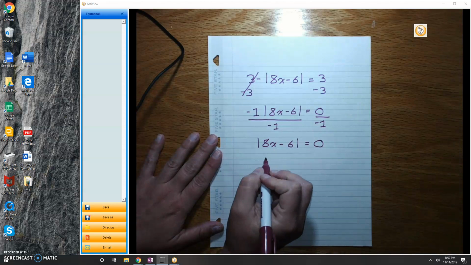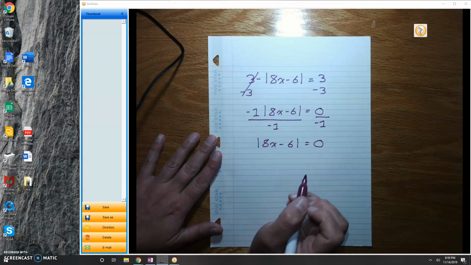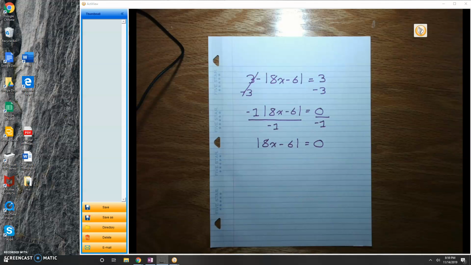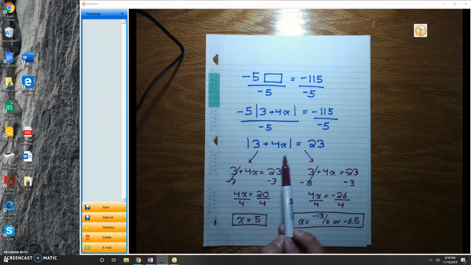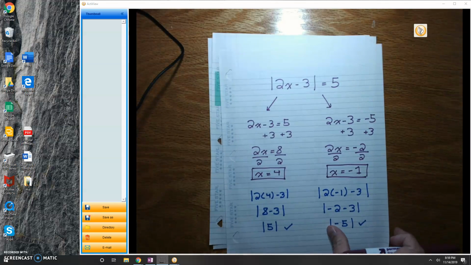Now, I know you guys are super trained to do one side. It's not needed in this problem, though. Let's think about why. In the previous problem, I had 23, positive 23, negative 23. In this problem, I had, boom, positive 5 and negative 5.